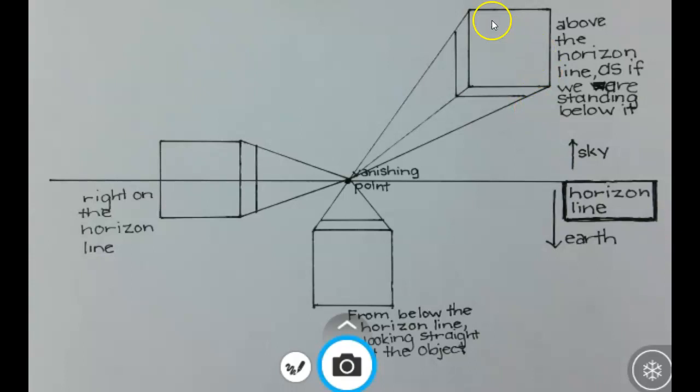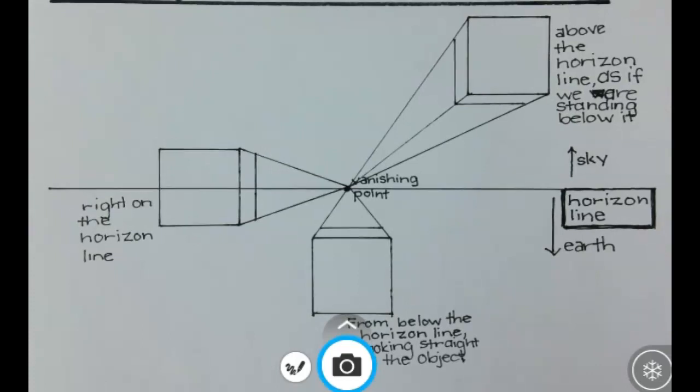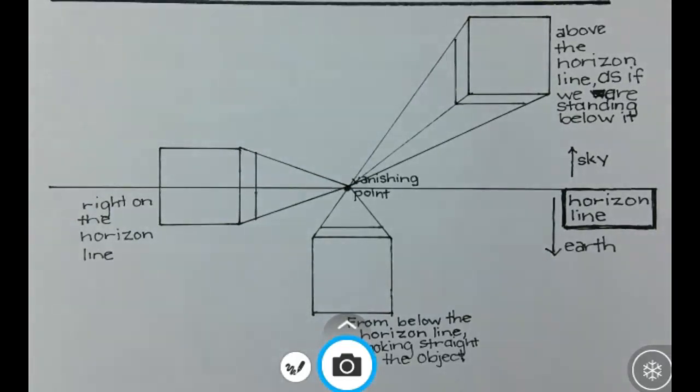So again, this one that we did that was above the horizon line, you look at it a little bit differently because it's as if we were standing below looking up at it. And so that's where you end up actually being able to see underneath it as the lines disappear to the vanishing point. So that's an introduction to one-point perspective. I hope you enjoyed it, and good luck with your own drawing.